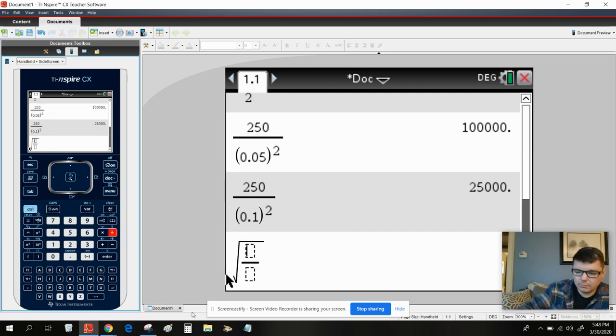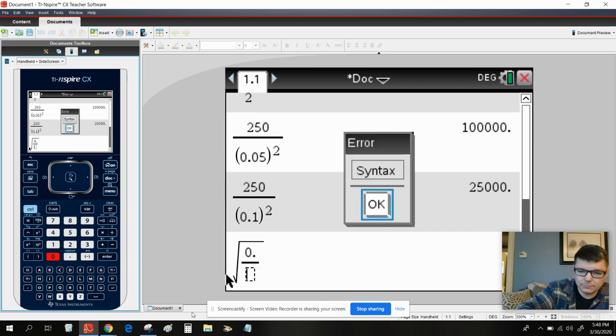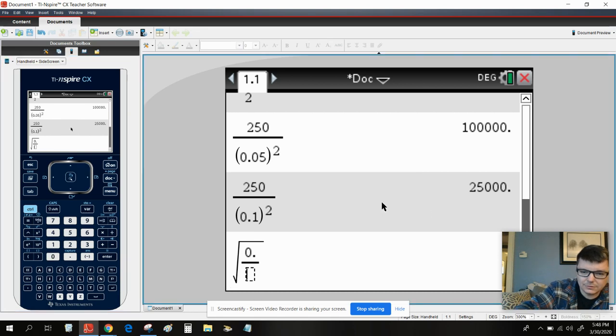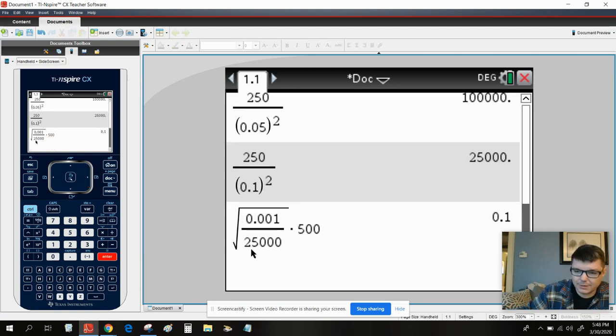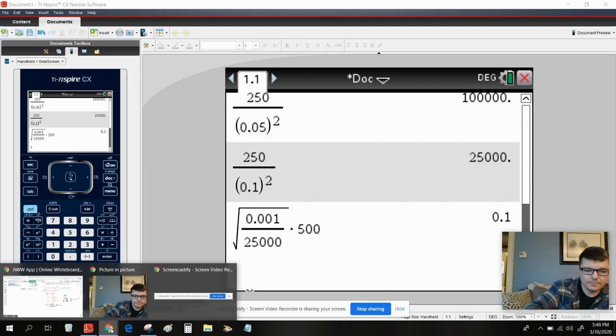So we have 0.001 divided by 25,000, square root, times 500. Wow, looks like 0.1 meters, which will become 10 centimeters.